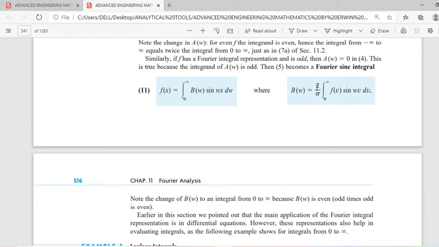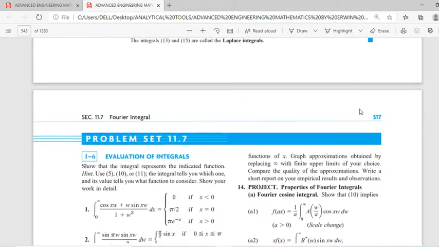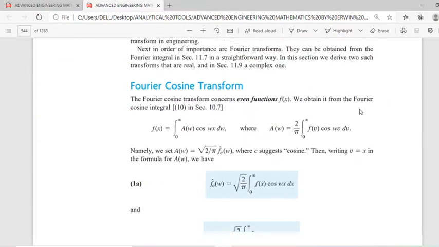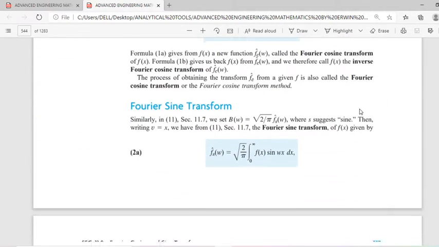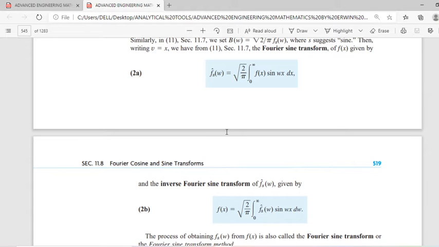So the remaining term, root of 2 by pi integral 0 to infinity f of v sin wv dv, is the Fourier sine transform. So instead of 2 by pi, we use root of 2 by pi integral 0 to infinity f of x sin wx dx, which is f s cap of w.